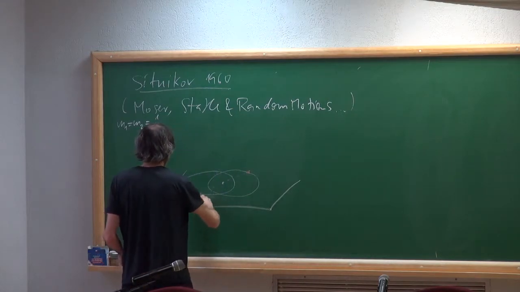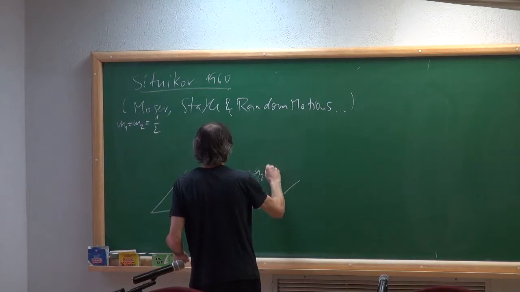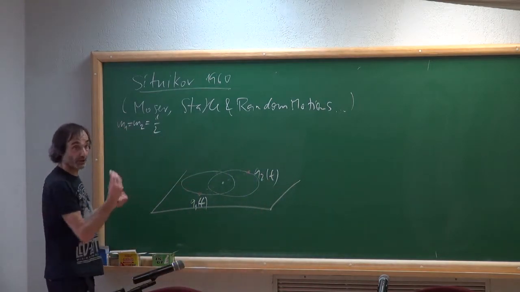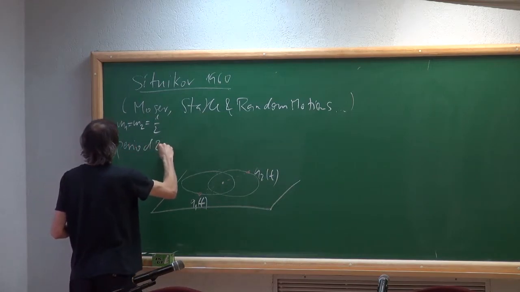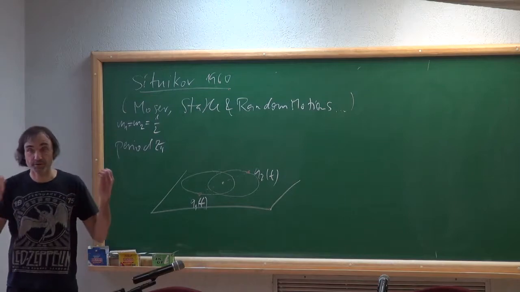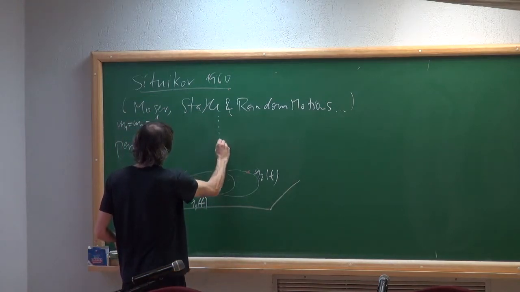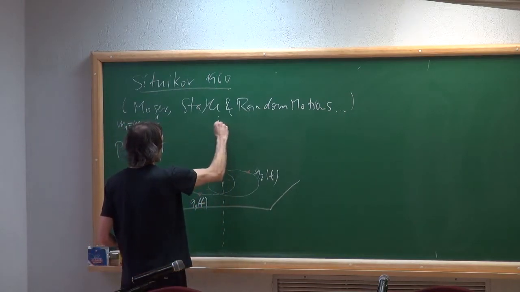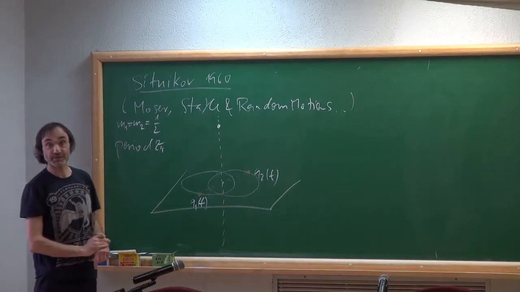So this is Q1 of t and Q2 of t, and they are both periodic, and you can normalize the period to be 2 pi. This is not yet some assumption, but now the assumption is that the third very light body is moving on the line perpendicular to the plane through the center of mass.